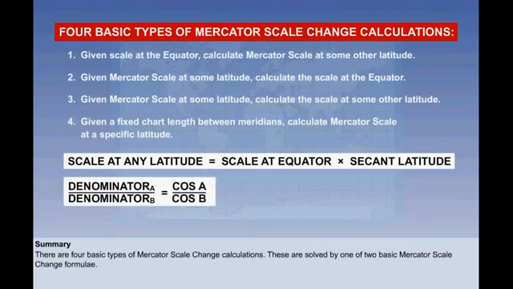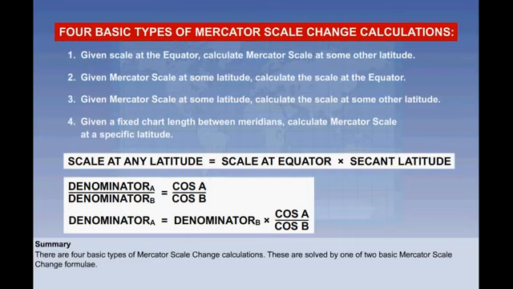And the second is we get denominator A over denominator B equals cos A over cos B, which is often more usefully expressed as denominator A equals denominator B times cos A over cos B. Finally, there are problems where the chart length between meridians is given for a particular latitude. These can be solved either as a Mercator scale change problem or as a departure problem.